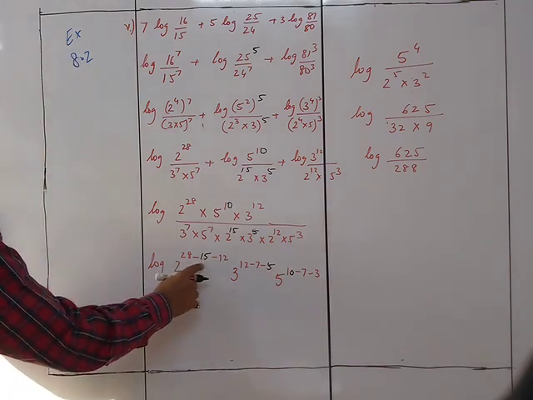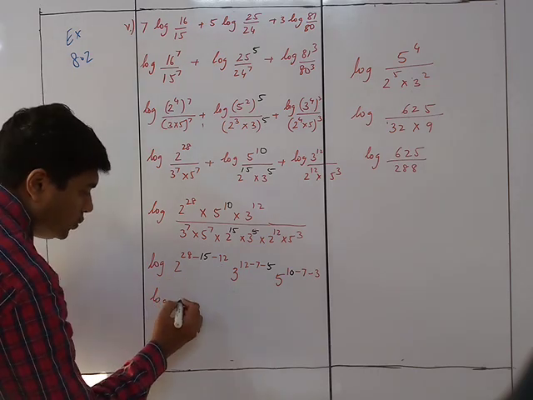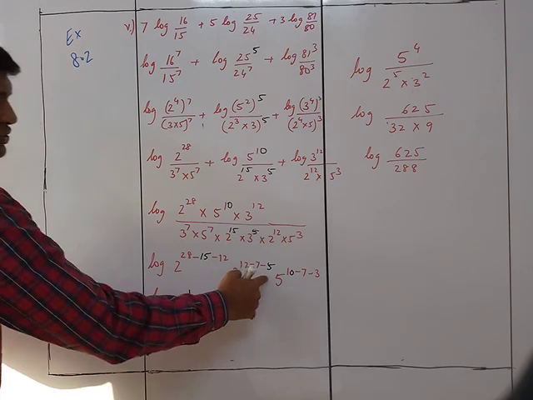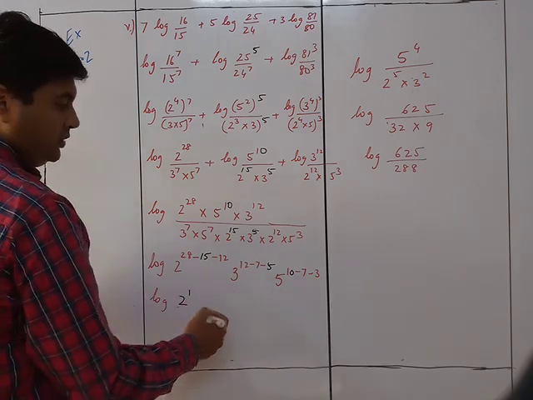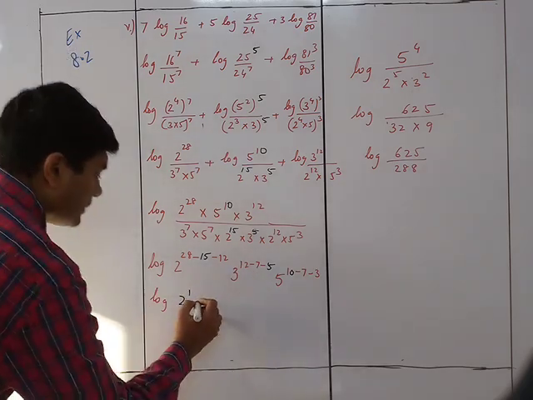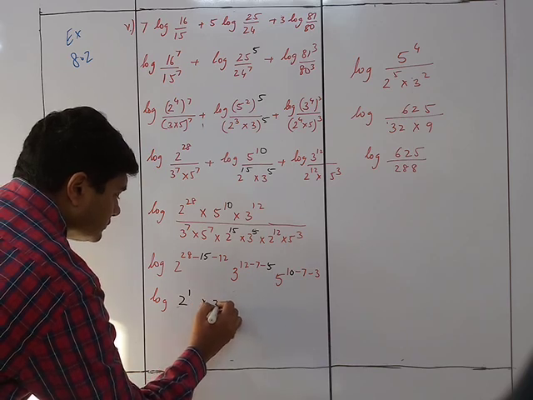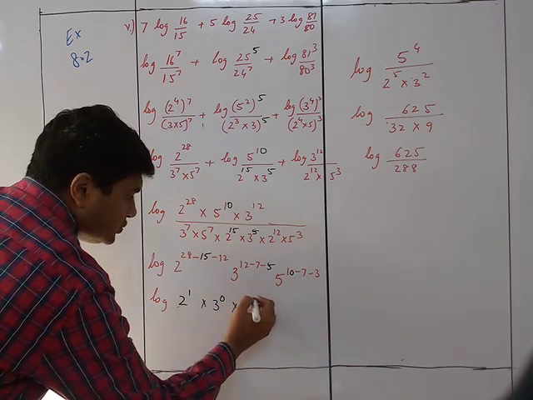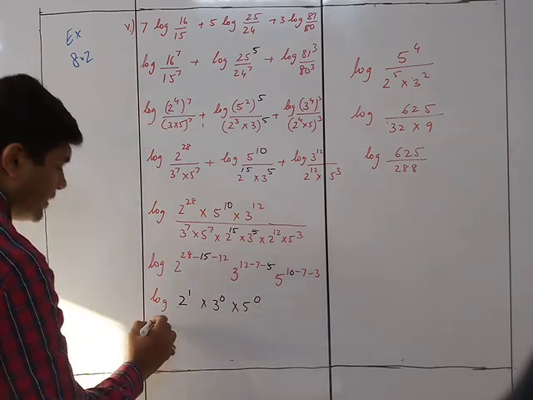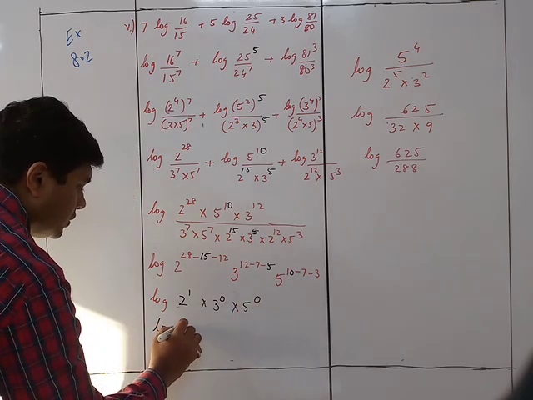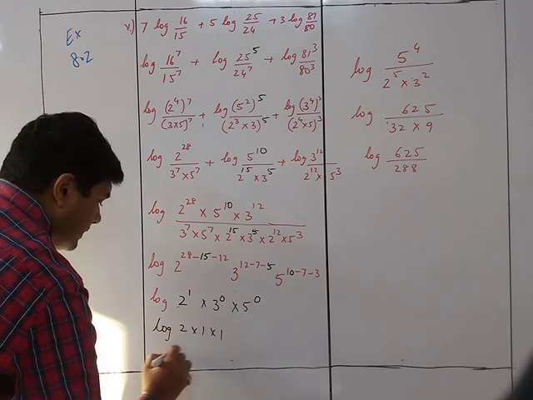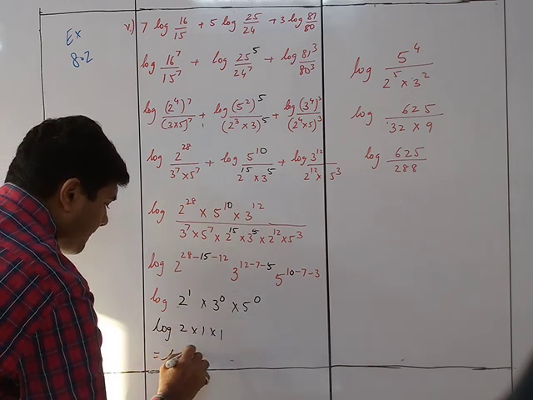So this is 2 raised to 1. This is nothing but 3 raised to 0, into 5 raised to 0. So this is nothing but log of 2 into 1 into 1, that's equal to log of 2.